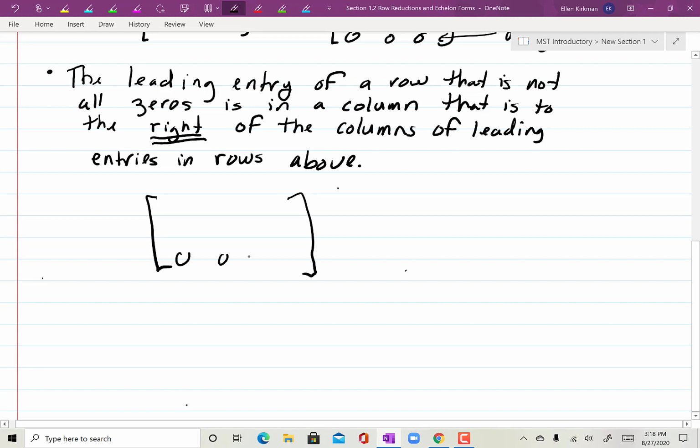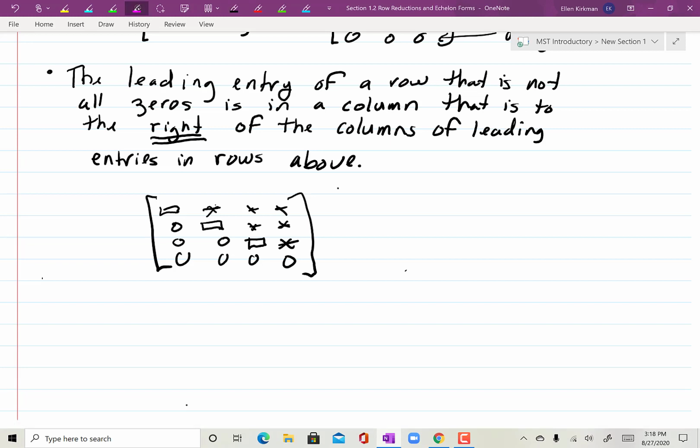And maybe here. Okay, so these are all the leading entries. And so this one, for example, is in a column that is to the right of any of these columns that are leading entries above it.